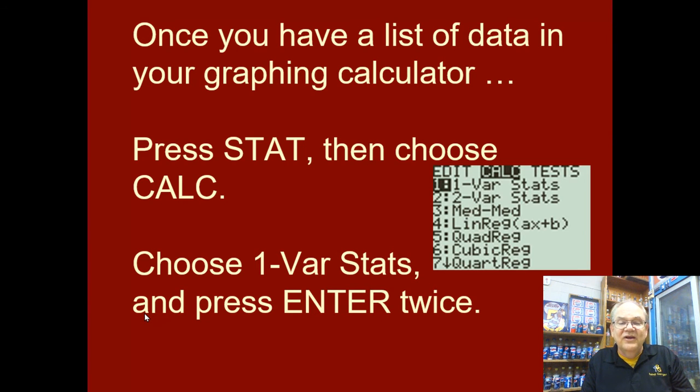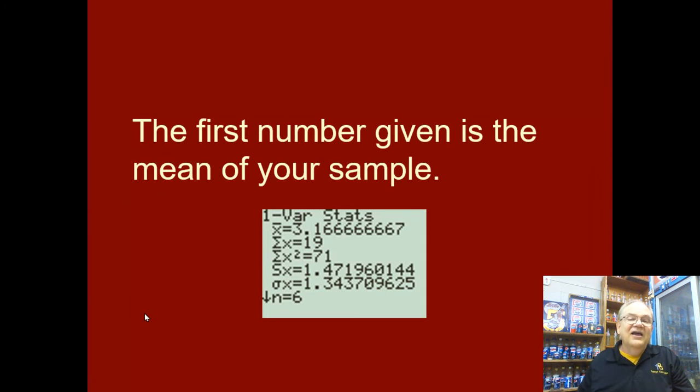The default choice is one variable stats. So basically all you're going to do is hit enter twice. You hit enter once, it puts it on the screen. You hit enter again, and it gives you your answers. You're going to get a readout that looks really complicated, but really there's just one thing we care about for now, which is the very first number on here, 3.16 repeating.